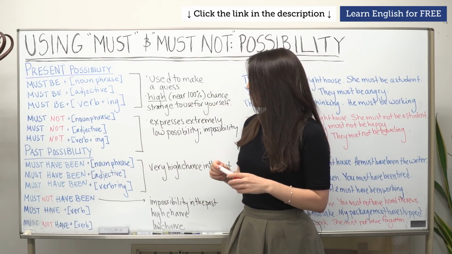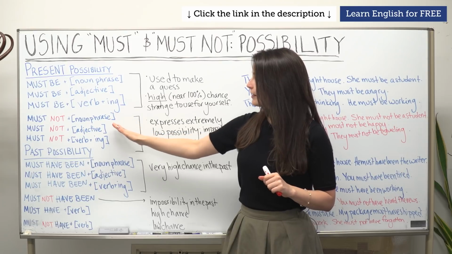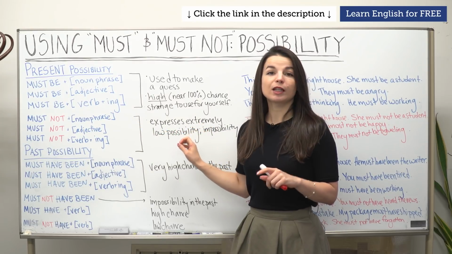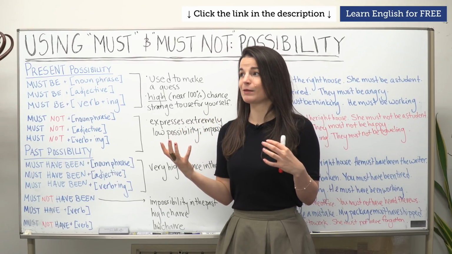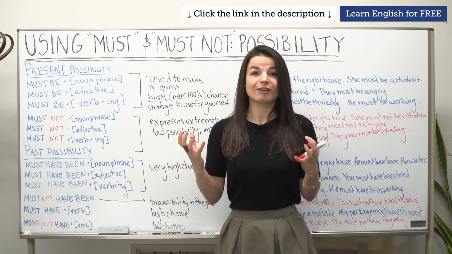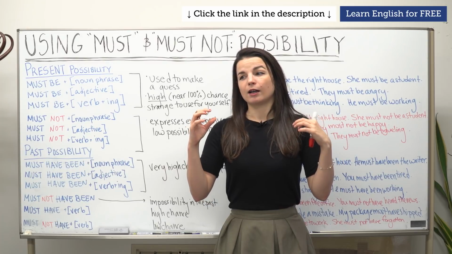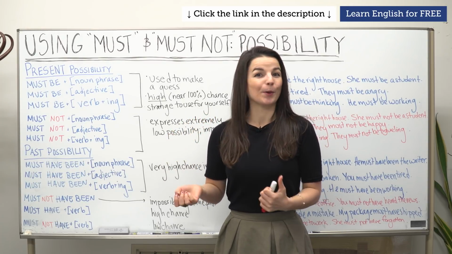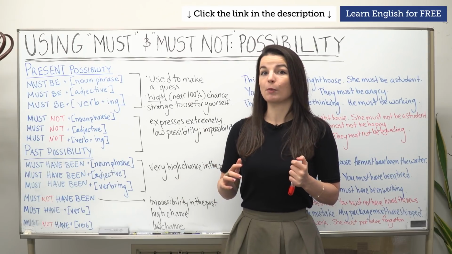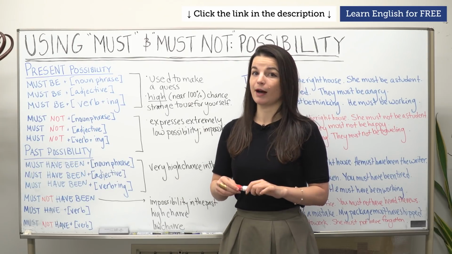But it's important to remember must not expresses extremely low possibility. So extremely low possibility meaning very near to zero, if not impossible. So the nuance here is it's impossible, or there's like a 0.001% chance. Very, very low possibility.